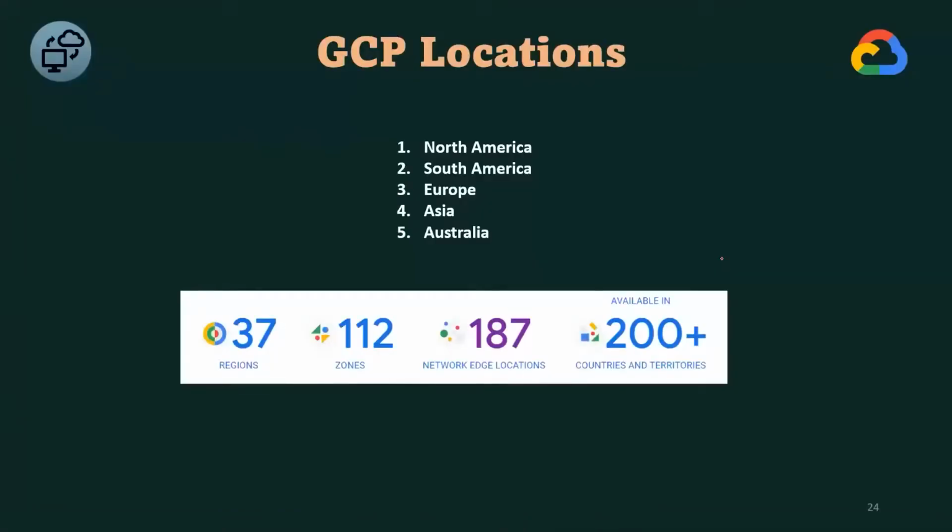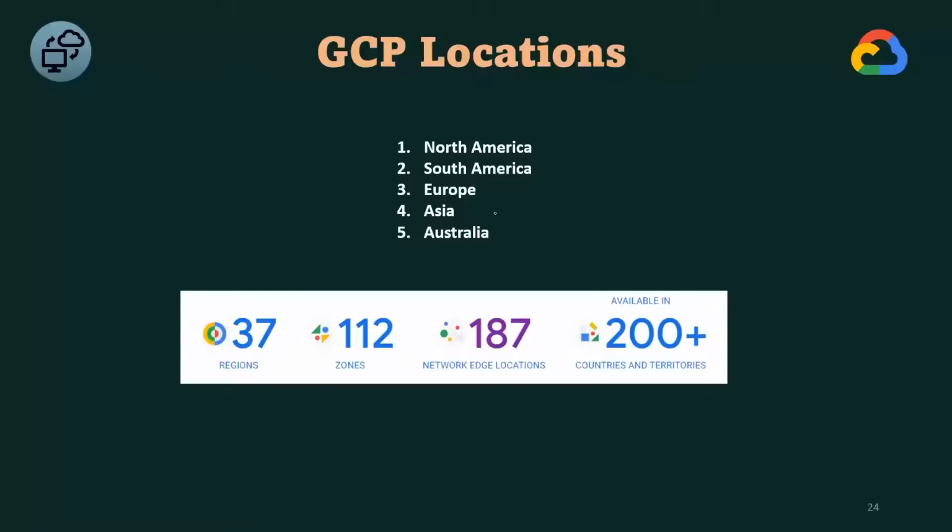Google Cloud Platform is also like that. Google Cloud Platform, or GCP, also wanted to provide services that are available to each and every person and each and every company, whether it is a small company or a big company, and every employee who wants to use the GCP services.